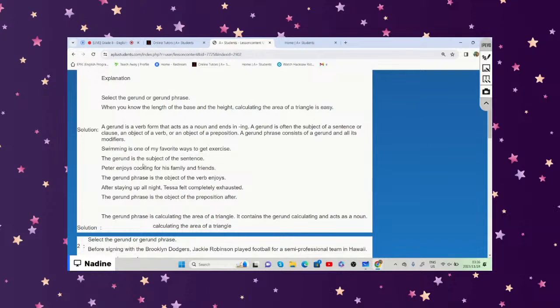So it's not necessarily a noun, but it acts as a noun. And it ends in ing.